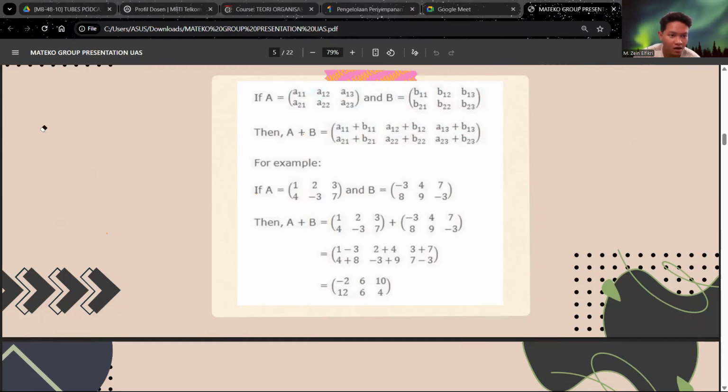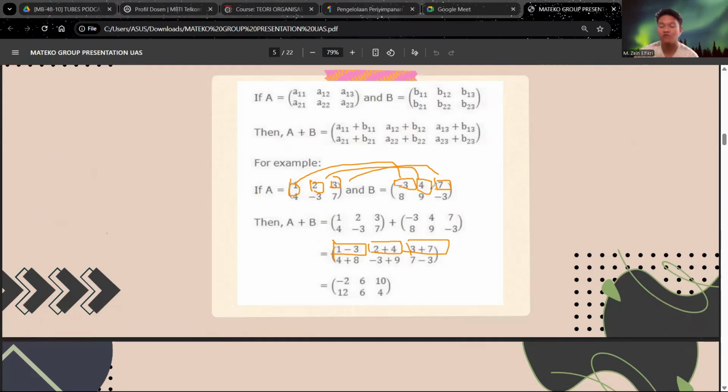Then we continue to this example below. If A is 1, 2, 3, 4, 3, 7, and B is 1, 3, 4, 7, 8, 9, then if we add A and B, from the past calculation, we can conclude that we add the same places: 1 plus 1, 2 plus 4, and 3 plus 7.